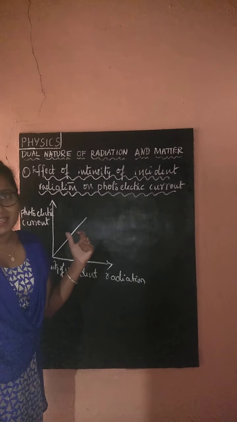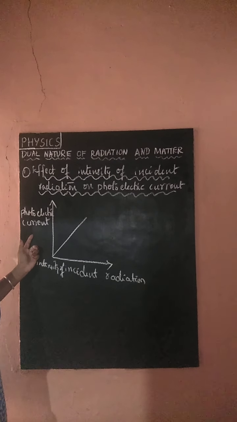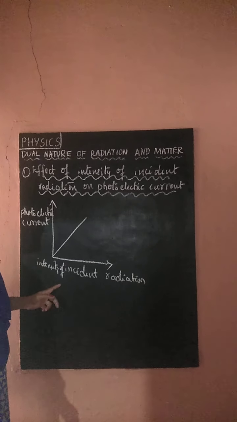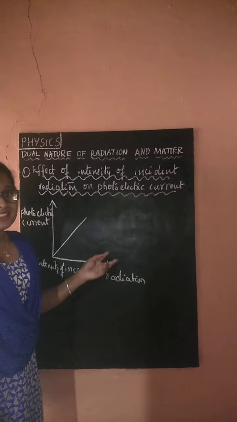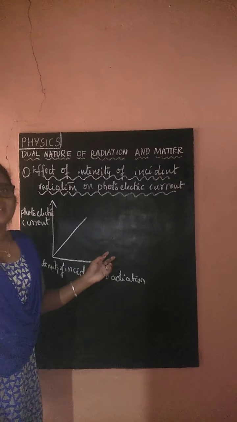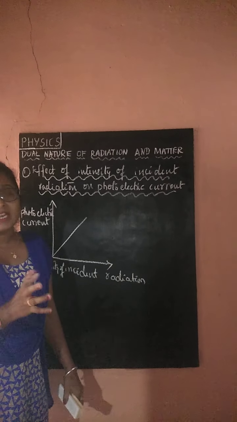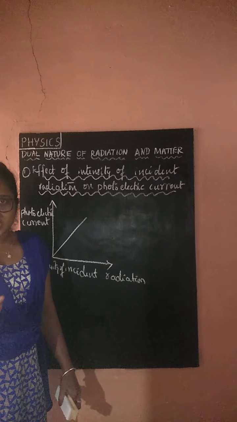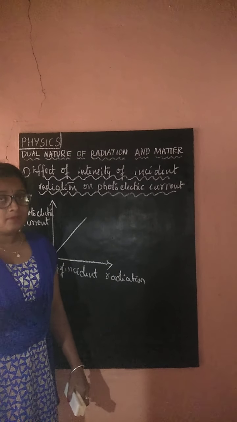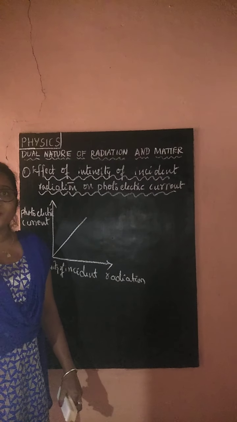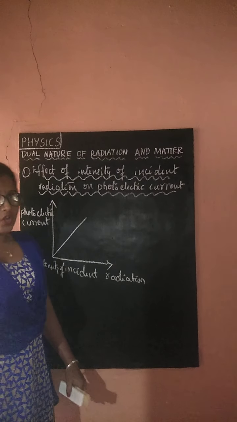Therefore, the photoelectric current is directly proportional to the intensity of the incident radiation, when the frequency and the potential difference are kept constant.